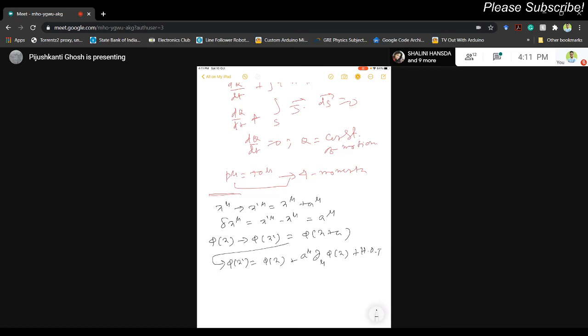But we will be describing an infinitesimal transformation, so we keep only up to the linear order term. Now we know how x changes, we know how phi changes. So delta phi is equal to phi prime of x minus phi of x, which is equal to a^mu del_mu phi(x).